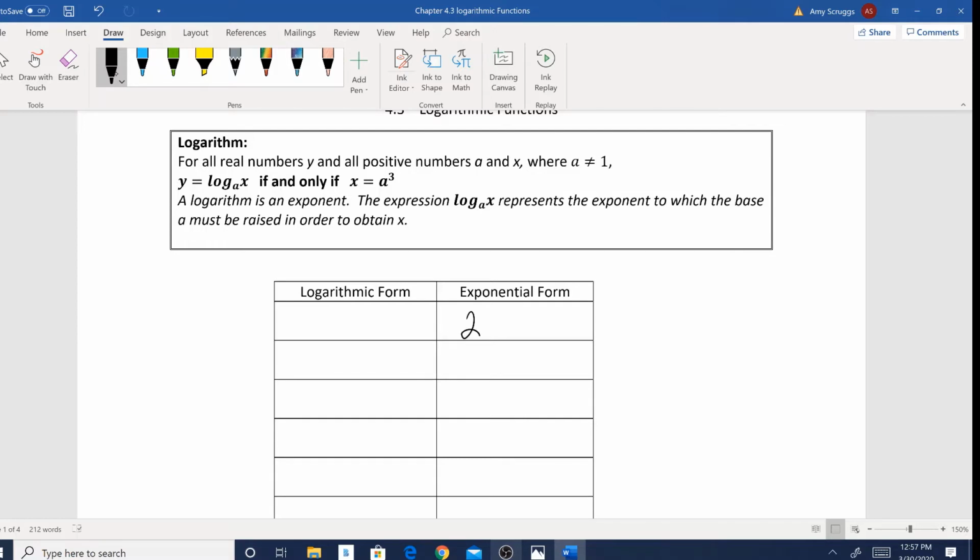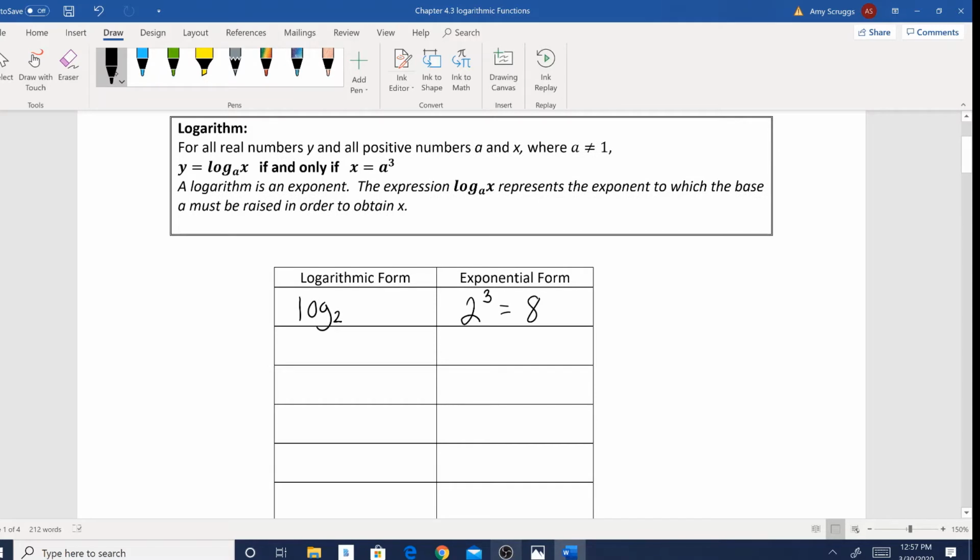Let's just say I gave you 2 raised to the 3 is equal to 8, and that's a true statement, by the way. 2 raised to the 3rd power is 8. And I said, I want you to rewrite this in logarithmic form. To do that, you say log of the base number, raised to the answer is equal to the exponent.